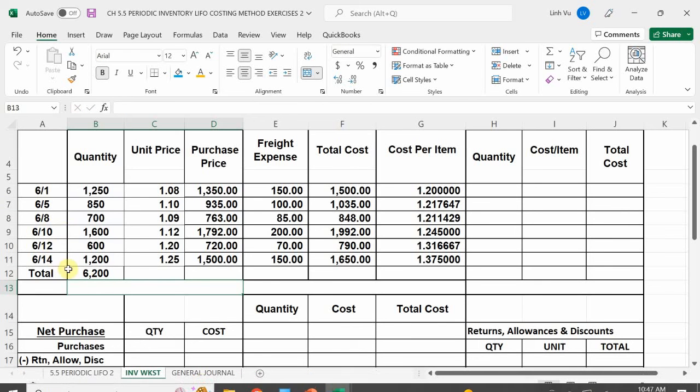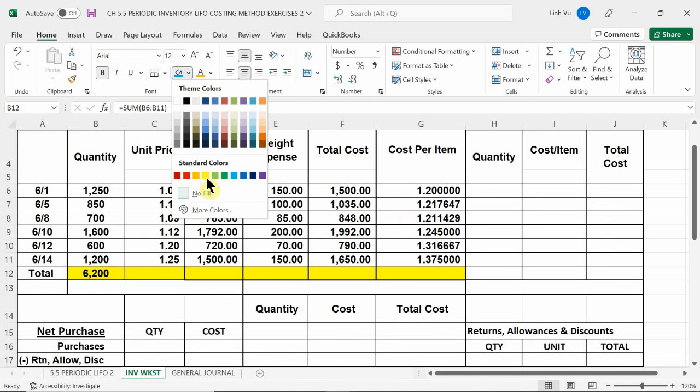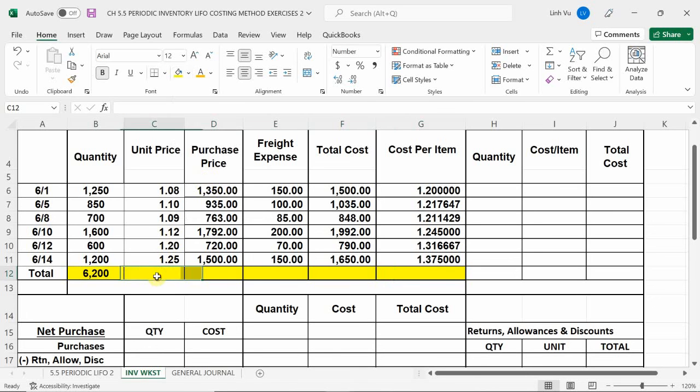Excellent. I'll go ahead and do the math for you so you don't have to go through all that. I'm going to extend my equal sum formula.